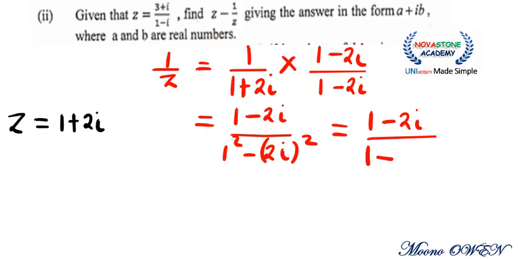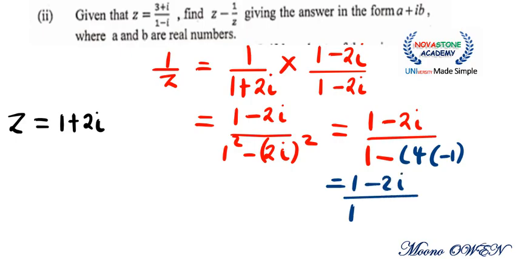Now 2 squared gives me a 4. Then i squared is going to give me a negative 1. So basically I'm going to have 1 minus 2i on top over 1 plus 4, because 4 multiplied by 1 is 4. There's a negative and a negative, they'll give us a positive. So basically what I have now is 1 minus 2i over 5.